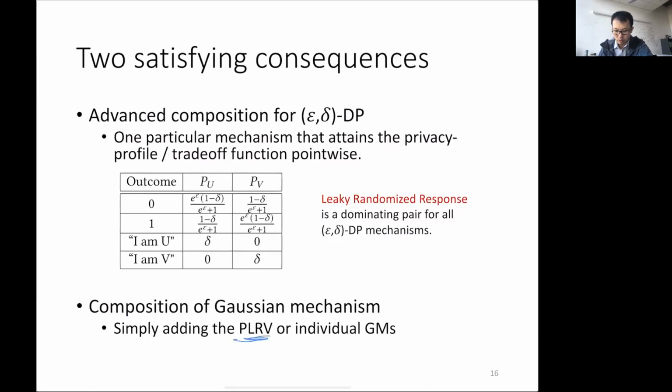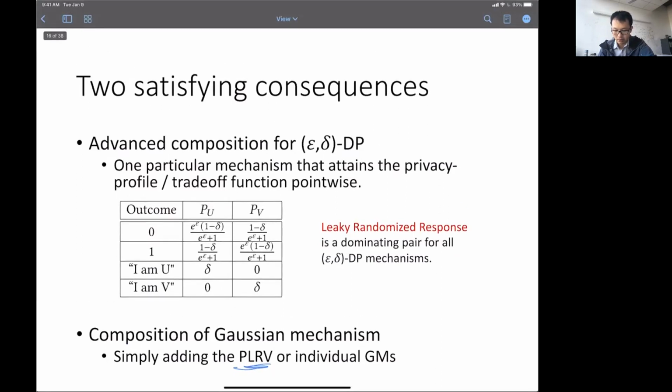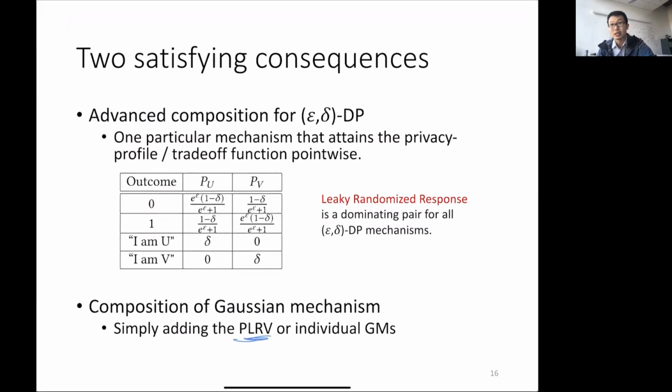Notice that the privacy loss random variables for the Gaussian mechanism are Gaussians, and since they are also independent, we can just add them up, and the sum of independent Gaussians gives you a Gaussian distribution as well.